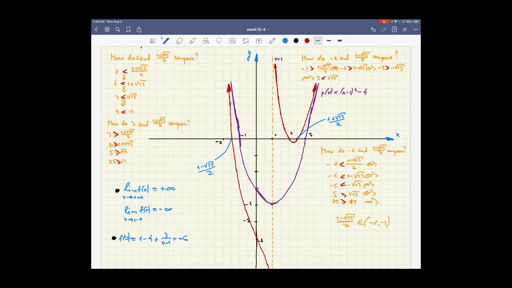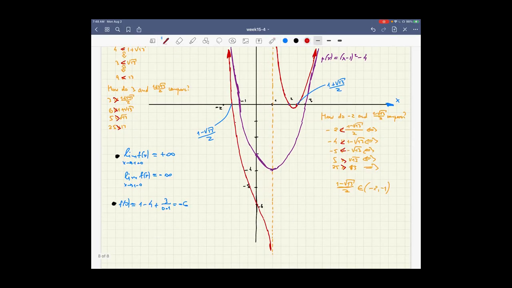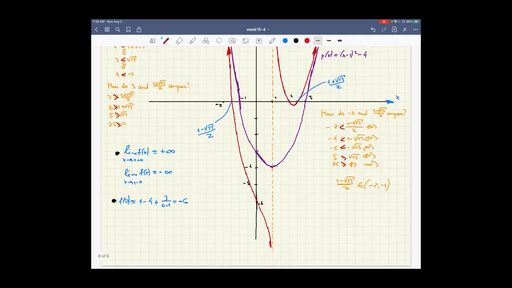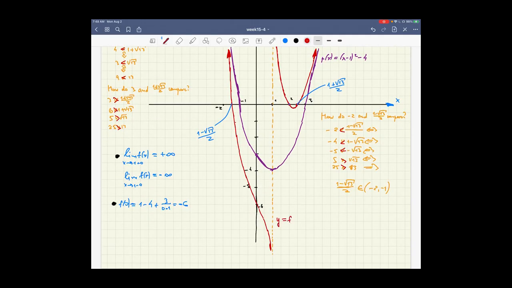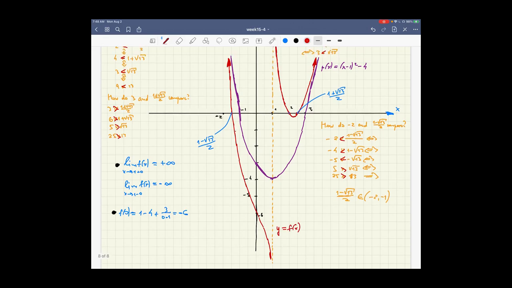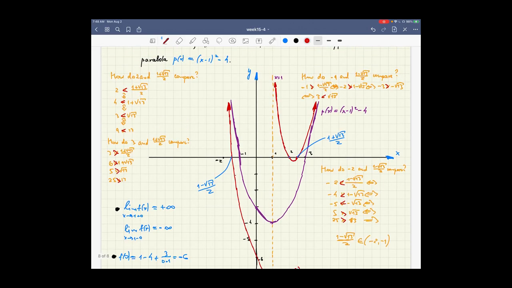This is the purple parabola x minus 1 squared minus 4. This line is x equals 1. The red graph is our function f. And that's how it looks.